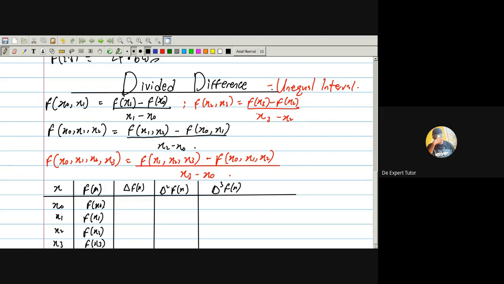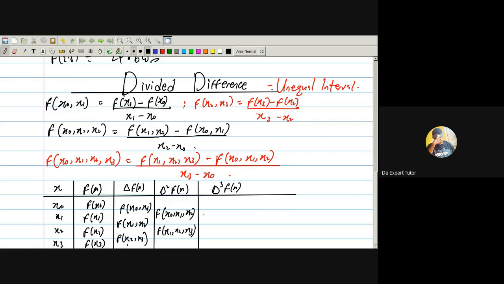Then you see the divided differences. Whatever we put in the middle will be the divided difference of these two. What will be the divided difference between x0, x1? Between x1, x2? Between x2, x3? Then here will be the divided difference of f of x0, x1, x2, and f of x1, x2, x3.